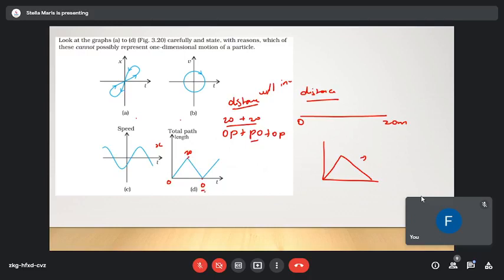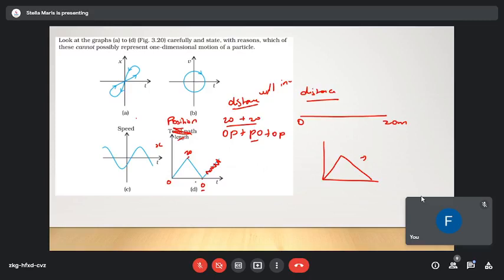Okay, just forget about this. What is the total distance traveled? 40, sir. 40. Very good. Total distance traveled is 40, right? Let's say this is position. If position means, what will happen here? 0 to 20.